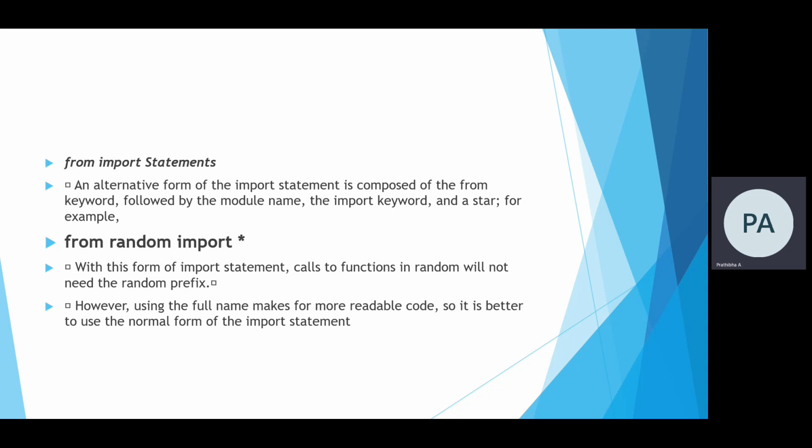In the previous example, whenever we called the randint function, we had to specify which module it belongs to, random dot. But if we use this syntax, from random import asterisk, there is no need to include the module name in front of the function every time. Directly you can call the function and execute it. That is the advantage of this syntax.